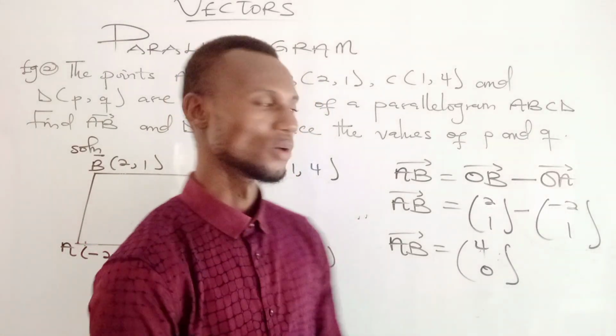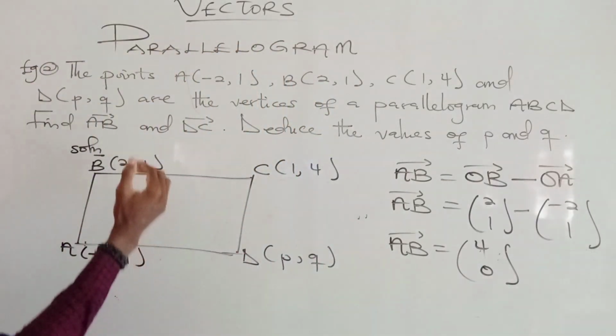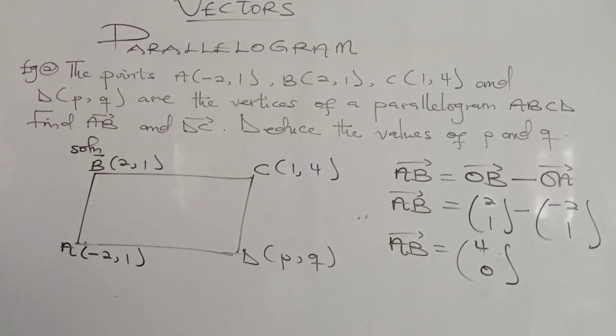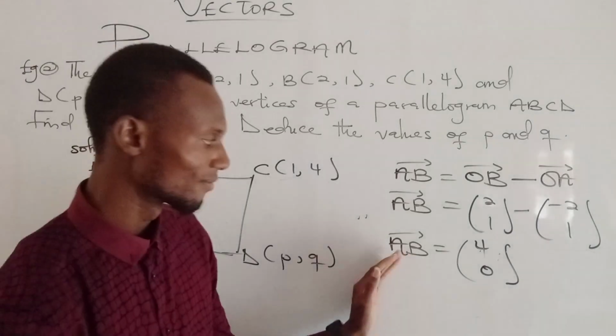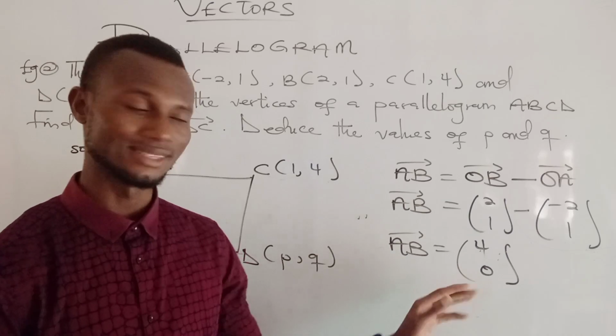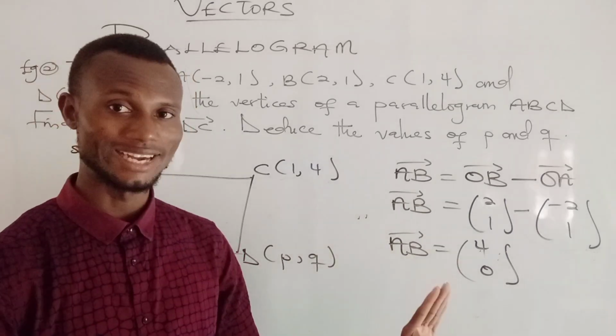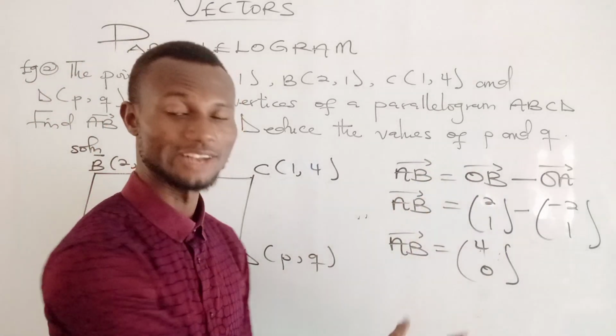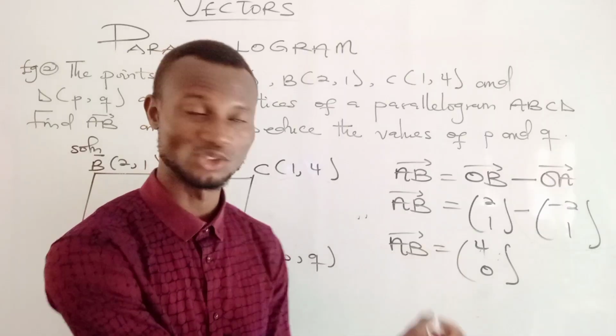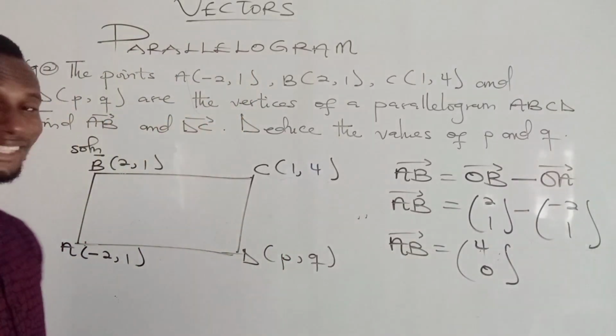Now we need to also find the vector DC. I need more space to continue, so I'm going to clean a portion of the board. This is the vector AB, we've gotten the answer, which is 4, 0. We are done. I'm going to clean this side so that we can have enough space to find the vector DC as well.